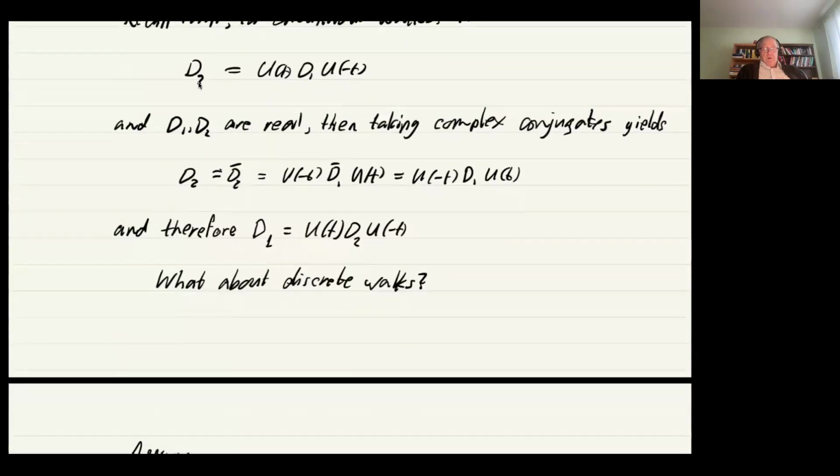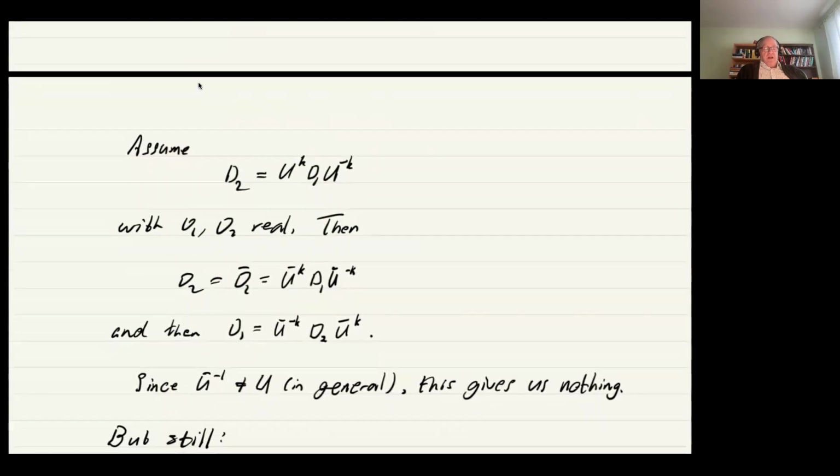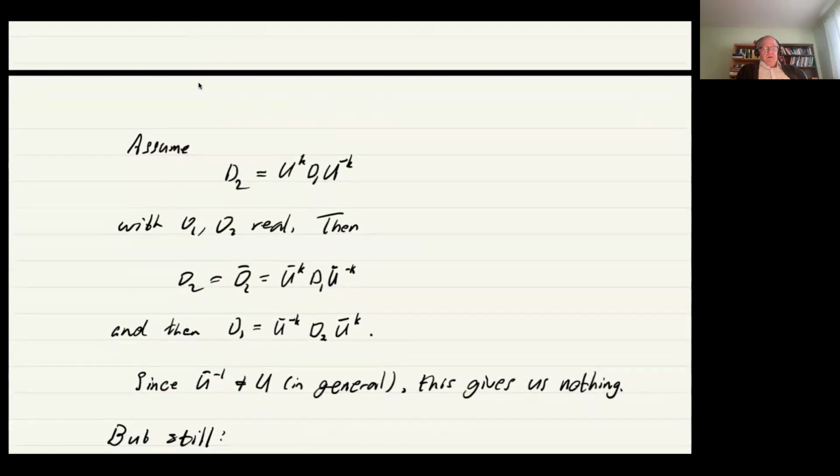But discrete walks, well, just sketch it out. We're assuming now that D2 is equal to U^k D1 U^(-k) for some k, and D1 and D2 are real. Then we take our complex conjugates, and we get D1 is Ubar^(-k) D2 Ubar^k.